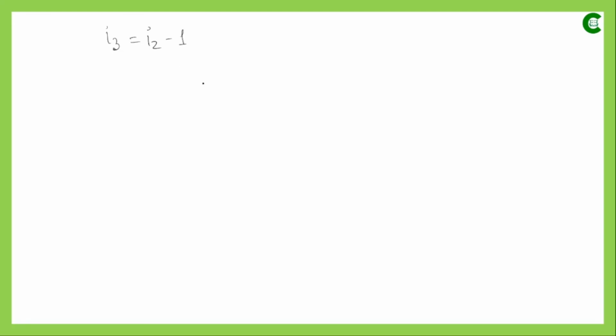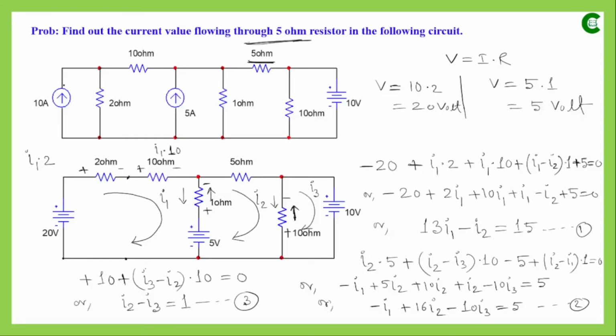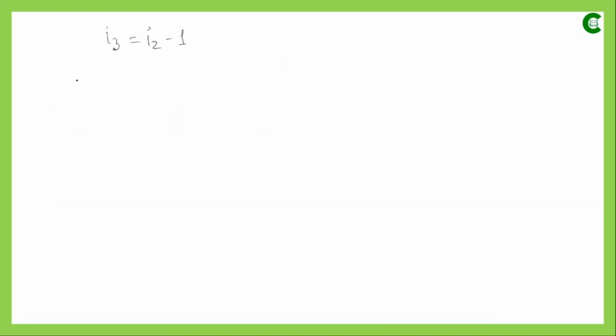Then the second equation was minus I1 plus 16 I2 minus 10 I3 is equal to 5. If we replace I3 in that equation, it will finally be in terms of I1 and I2. So let's rewrite the second equation: minus I1 plus 16 I2 minus 10 I3 equal to 5.